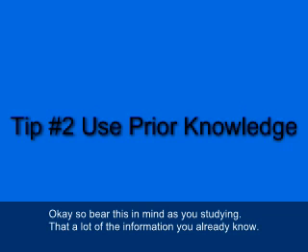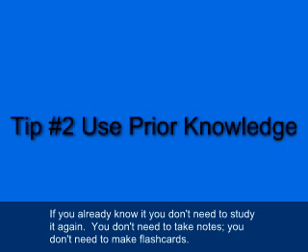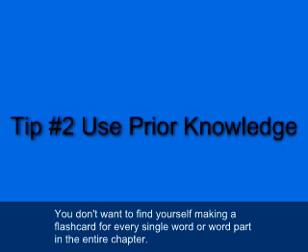Okay, so bear this in mind as you're studying, that a lot of the information you already know. If you already know it, you don't need to study it again. You don't need to take notes over it. You don't need to make flashcards. So that's going to minimize your work. You don't want to find yourself making a flashcard for every single word or word part in the entire chapter, because that's really not going to be necessary.